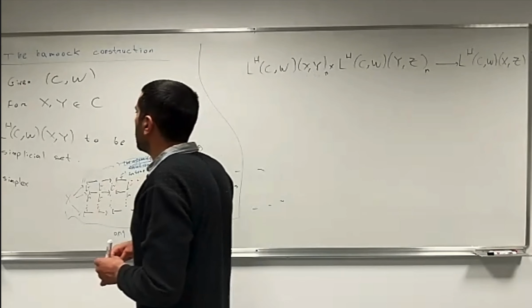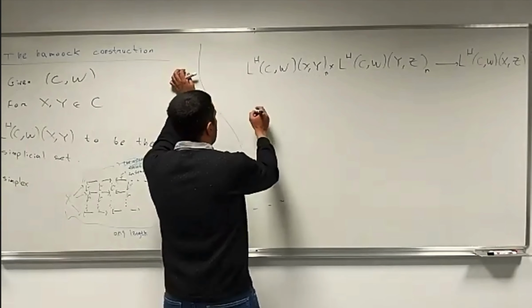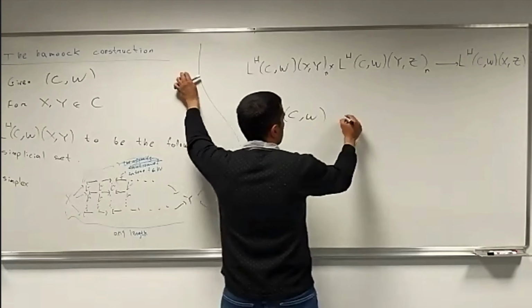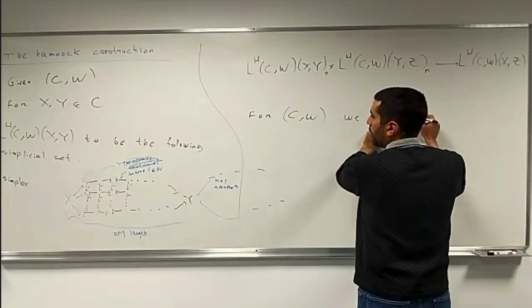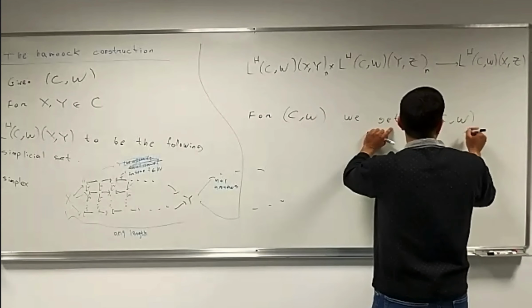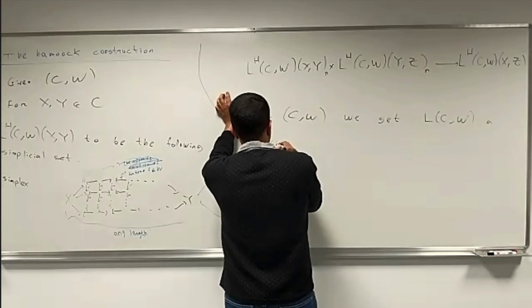So we get a simplicial category, like from C, this will be a simplicial category. So for C, W, we get L, C, W, a simplicial category. Category enriched by simplicial sets.